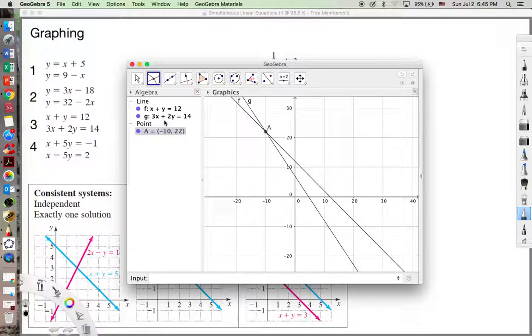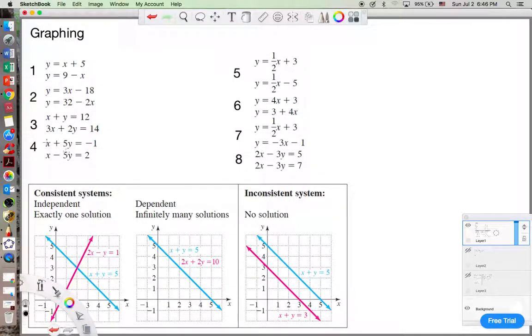There's only one intersection point, and if two lines intersect, there's only going to be one point of intersection regardless. So we've got (-10, 22). Negative 10 plus 22 equals 12, that's correct. Negative 30 plus 44 equals 14, that's correct. And you can go ahead and do number 4 at home if you like.